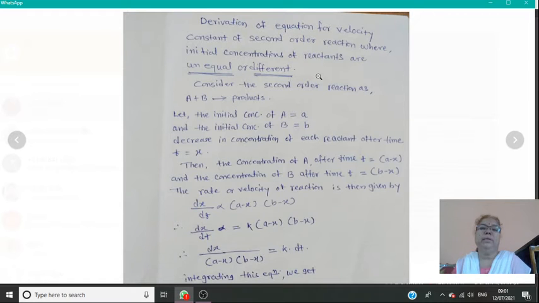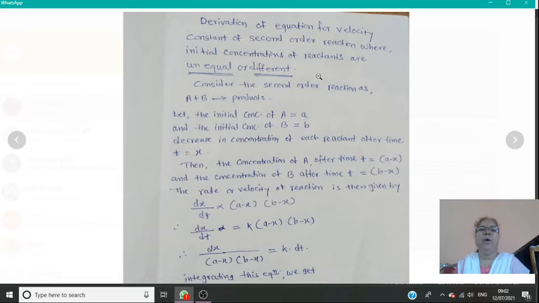Then you have studied first order reactions with characteristics and examples. Then you have studied the second order reactions and you have derived the integrated form of second order reaction where the initial concentrations are the same.